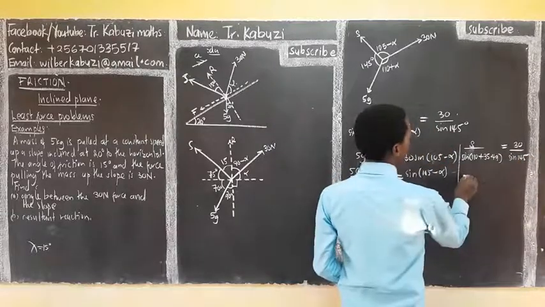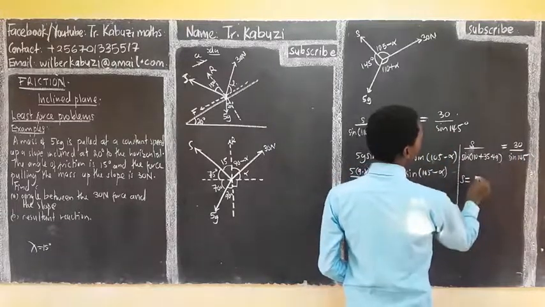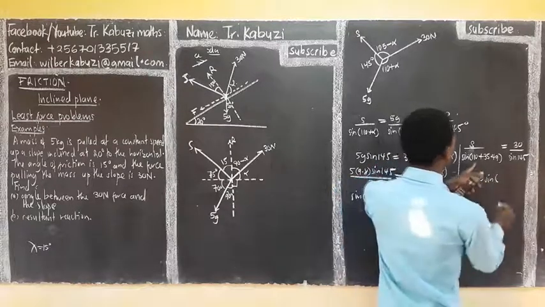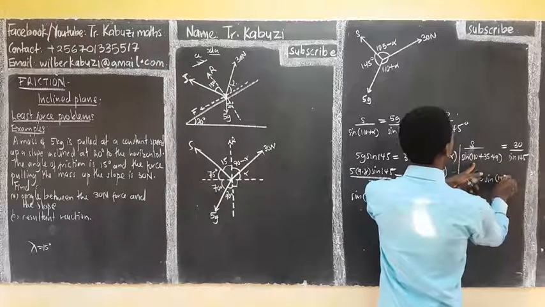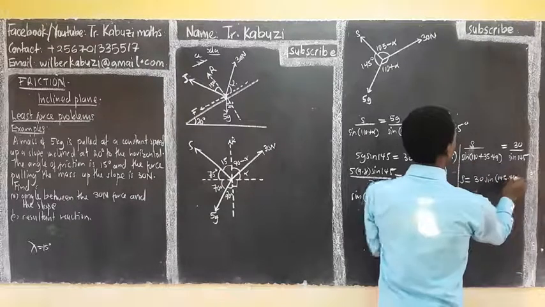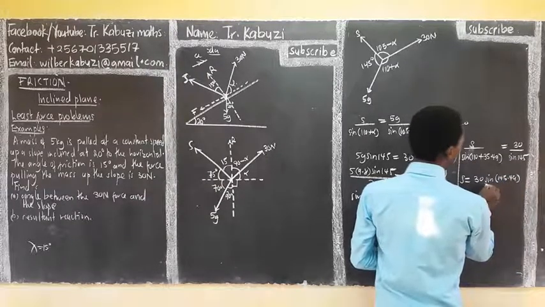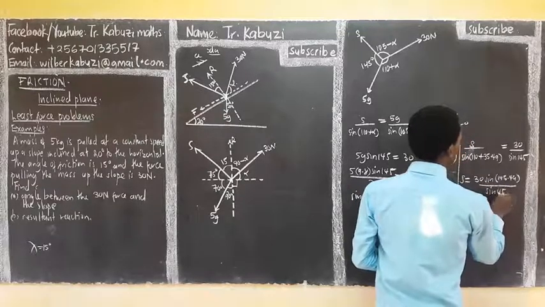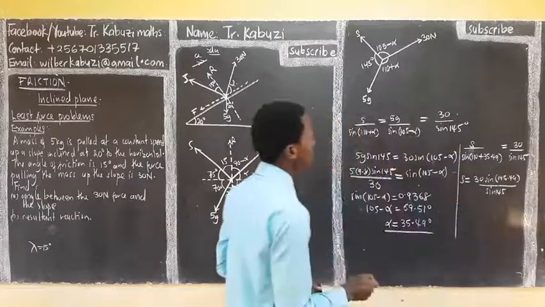So that our S, we shall cross multiply: 30 sine of 145.49 over sine 145.